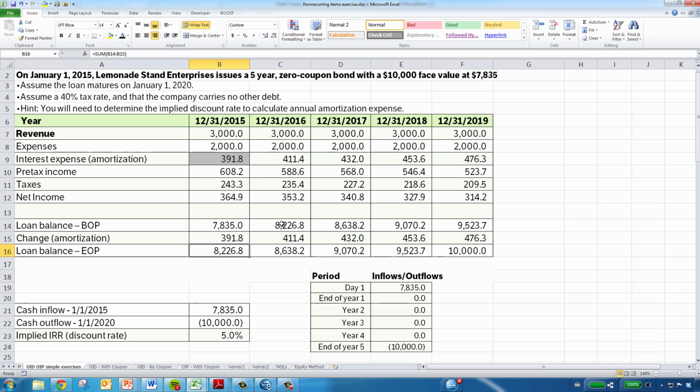In other words, now that we're a year closer, the liability is closer to that ultimate liability of 10,000 by 392 million. And so the corresponding entry is the amortization, which increases the value of that liability. So in fact, let's actually focus on this guy right here. So these are the two corresponding debits and credits.